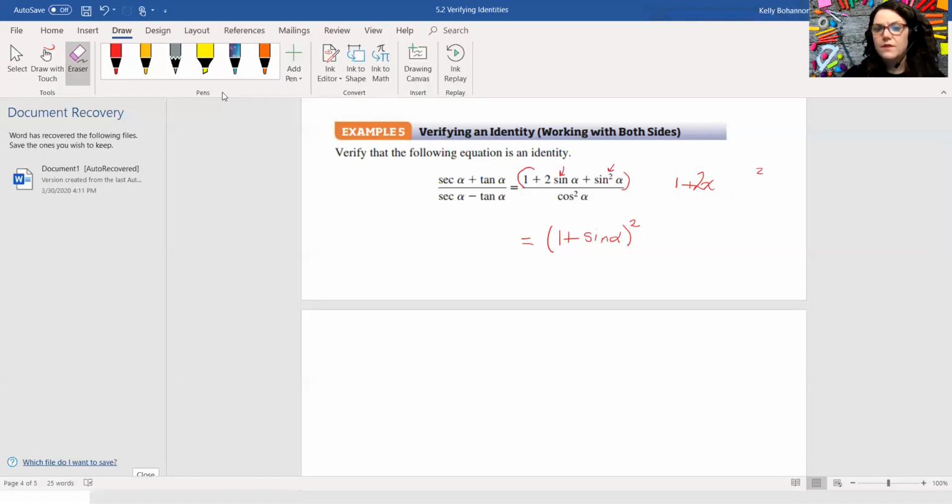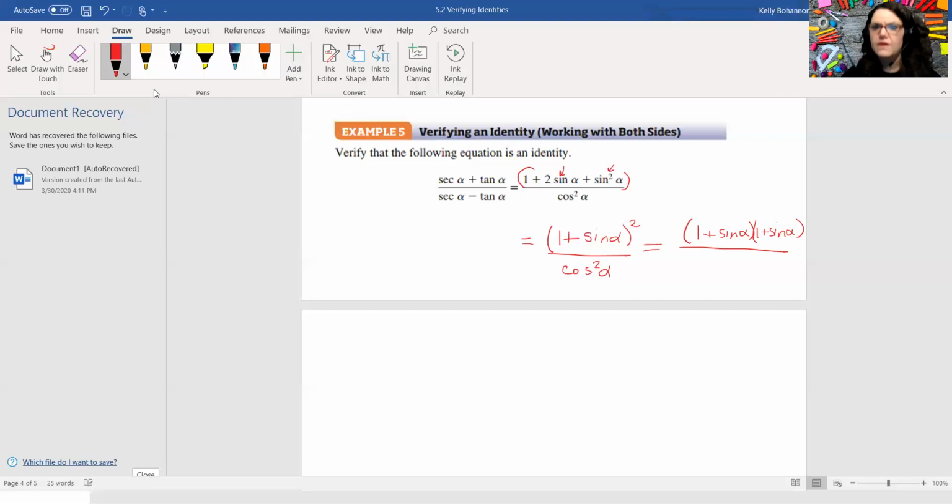All right, so I factored that top piece. At this point, I'm not going to do anything to the bottom yet. I'm still working on the right-hand side. I'm going to go ahead and write the top as 1 plus sine alpha and 1 plus sine alpha, because I can change cosine squared alpha to 1 minus sine squared alpha using my Pythagorean identity.